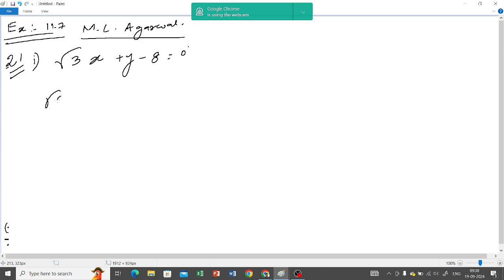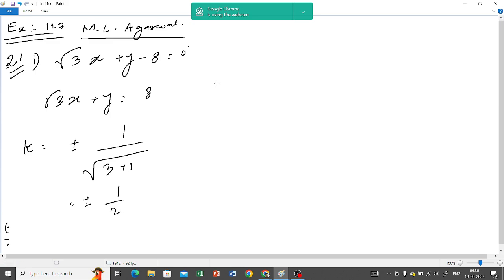The first thing that I need to do is to put the constant on the other side, right? This is the first thing. Now, what do you have to do? I need to find out the value of k. What is k? Plus minus 1 over root over a square plus b square, that is plus minus 1 by 2, right?